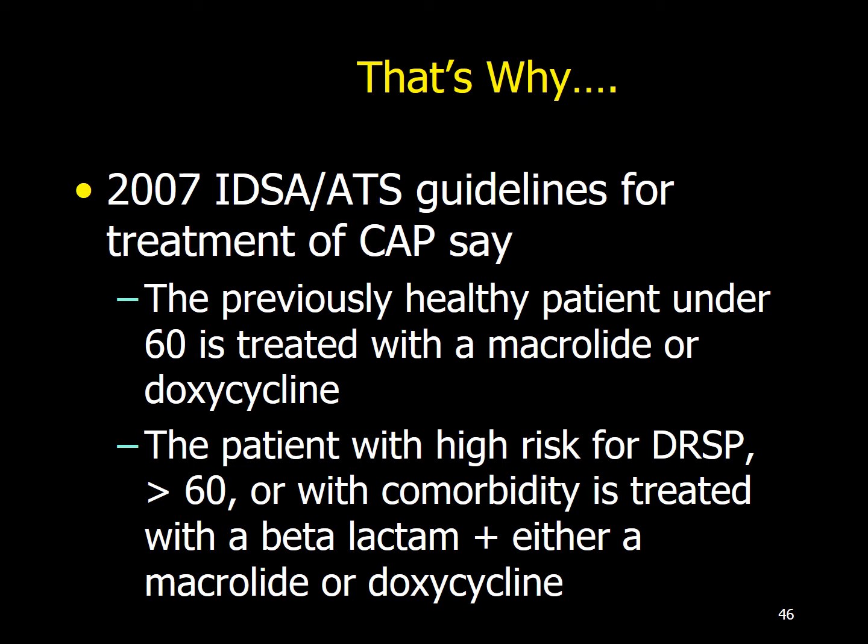And because they're not cell wall inhibitors, they will cover the atypicals. So your choices for a patient who's high risk for drug-resistant strep is either a respiratory fluoroquinolone, a DNA synthesis inhibitor which covers everything, one drug covers everything, or if you don't want to use a fluoroquinolone, you have to use a high-dose beta-lactam to cover the drug-resistant strep, and a macrolide or a doxy to cover the atypicals.